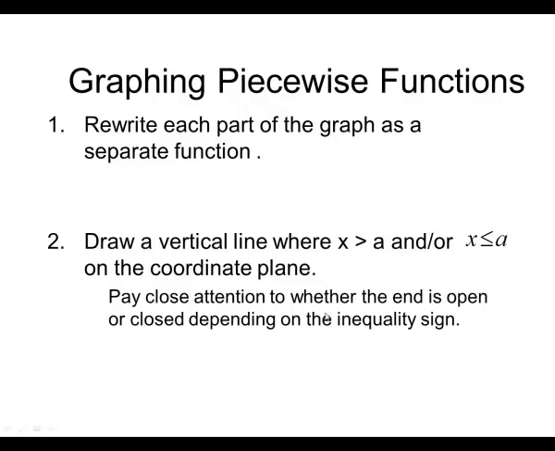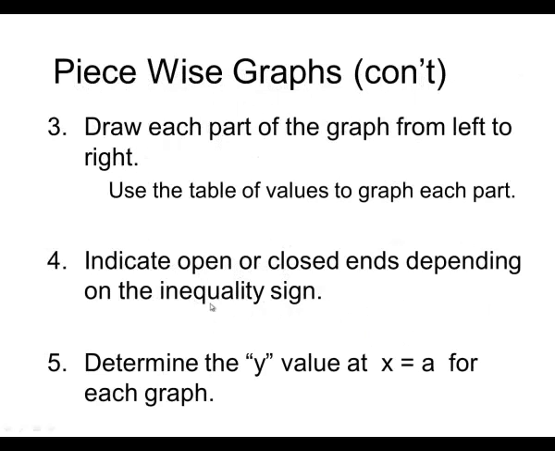And we want to pay close attention to where the graph ends, whether it is open or closed at the ends, and where it stops and where it starts. Those are important because people tend to make a mistake on that part.